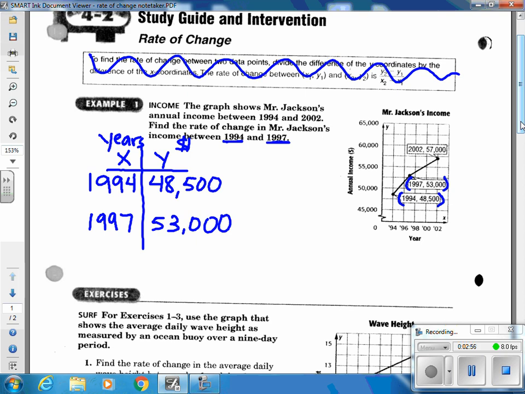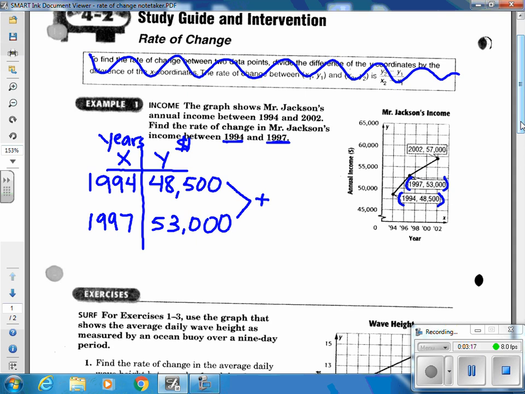So when we're looking at this, we always want to ask ourselves, how are things changing? How much does it take to go from 48,500 to 53,000? Well, you're increasing, so that's a plus. Anytime you increase, you need a plus. Anytime you decrease, you need a minus. Now you have to figure out, how much am I increasing by when I go from 48,500 to 53,000?